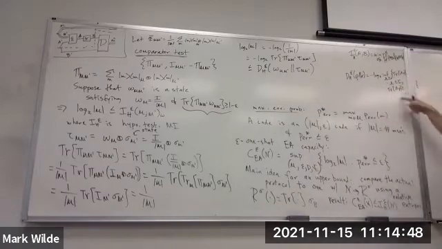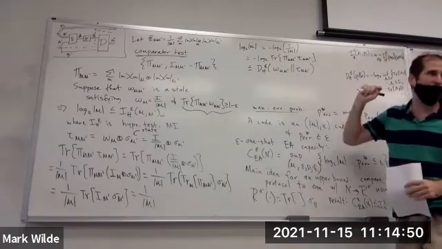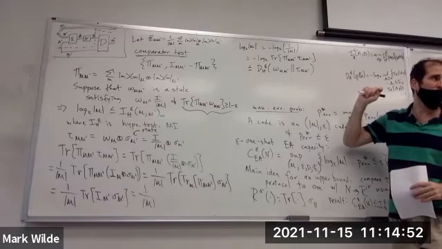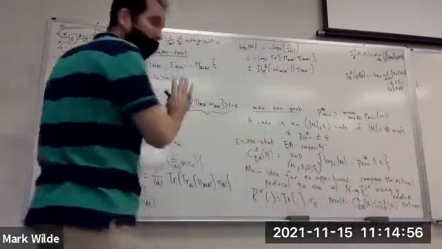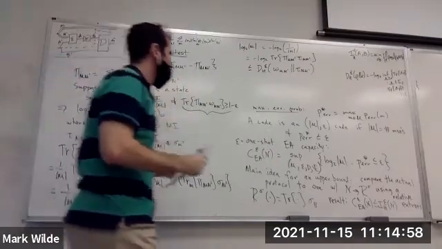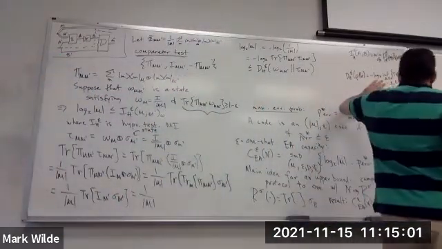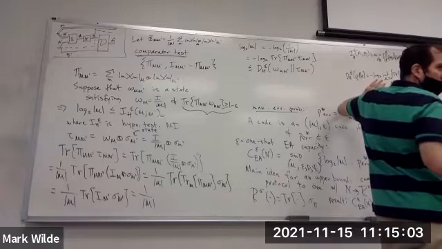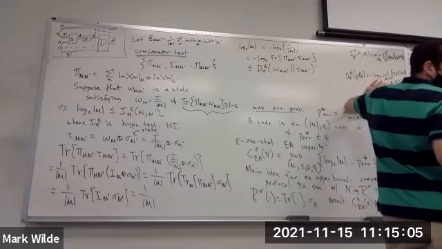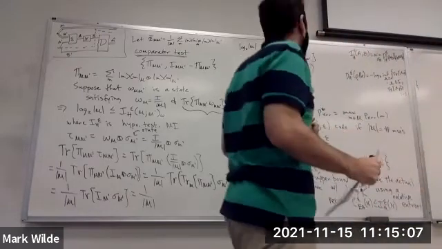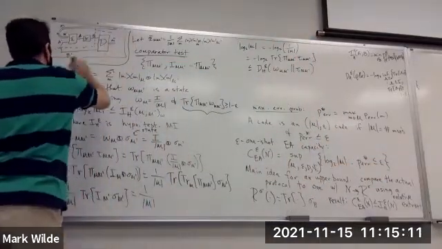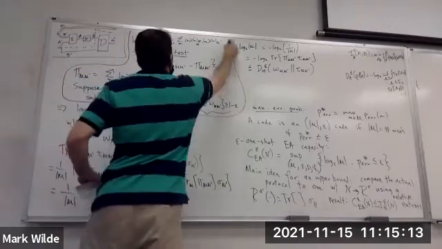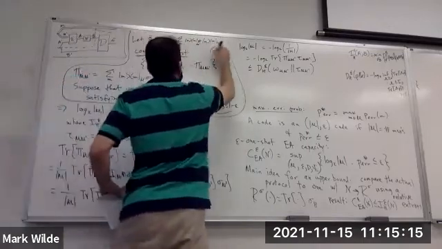So using definitions, we get this upper bound. All right. That's a key step, right? But it is just using this definition of hypothesis testing relative entropy. Did we get the 1 minus epsilon? Oh, that's given. That's given. Yeah, this is all given.